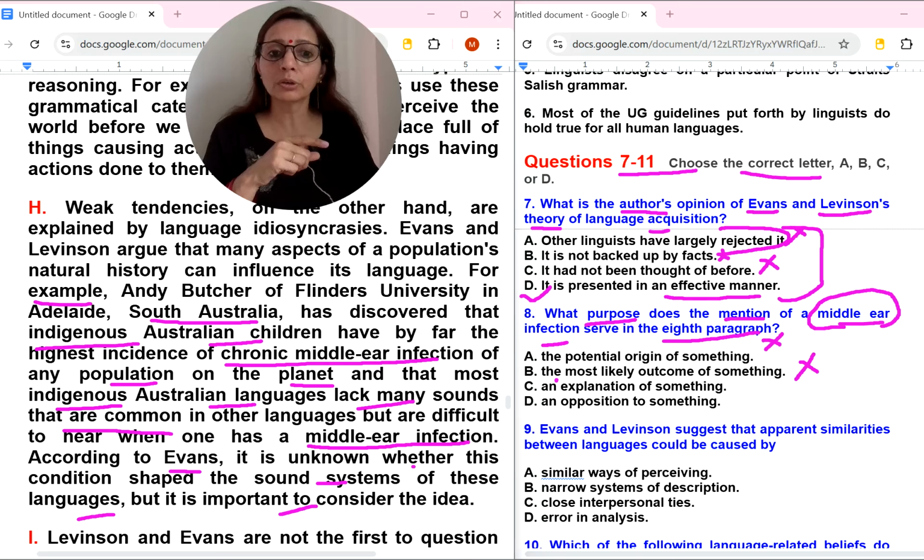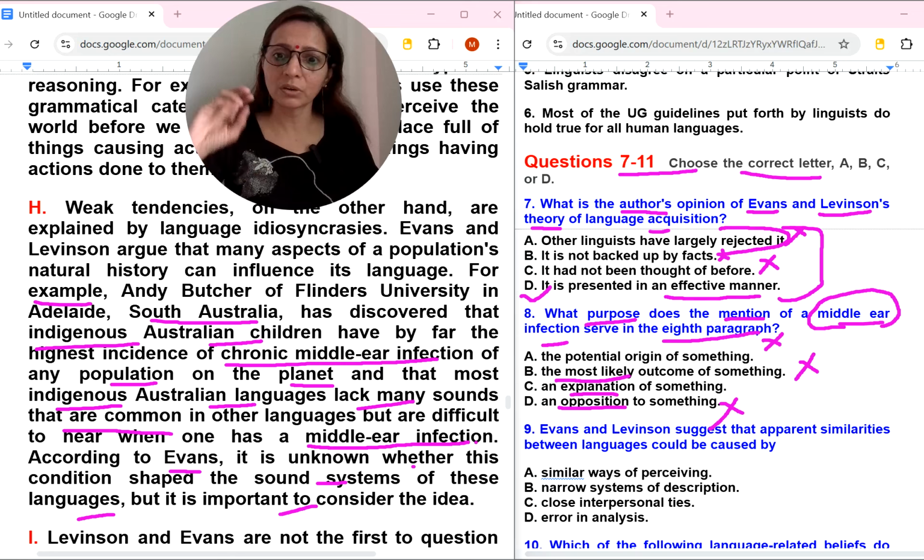But here they are talking about the most likely outcome of something, so that is also not matching properly. An explanation of something. Yes, some explanation. And opposition to something. Opposition is also not there. Nothing is given about opposition or disagreement or controversy. So we can select C number.